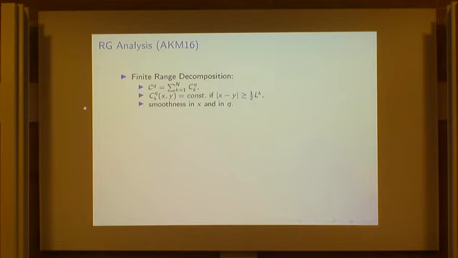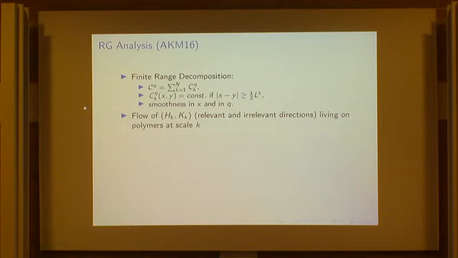And we have some smoothness in x and also in q. The difference to what David and Gordon do is that we have no mass. It's a massless model, and we have this additional dependence on Q. Then we can use this decomposition to integrate out step by step, which gives us a flow H_k, K_k, where we carefully split the relevant part and the irrelevant part, and they live on increasing polymers at scale k.